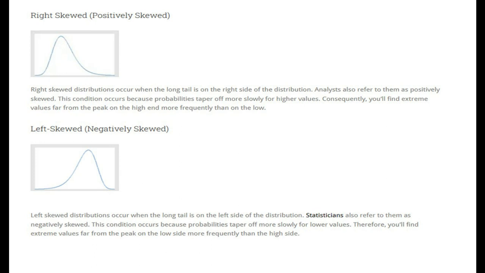Left-skewed distributions occur when the long tail is on the left side of the distribution. Statisticians also refer to them as negatively skewed. This condition occurs because probabilities taper off more slowly for lower values. Therefore, you'll find extreme values far from the peak on the low side more frequently than on the high side.